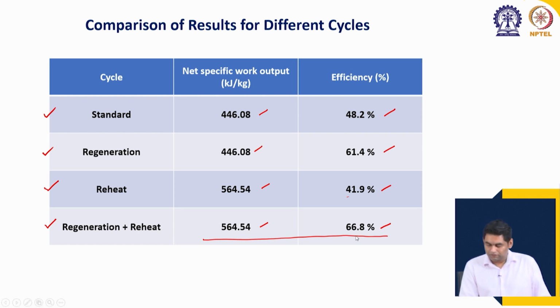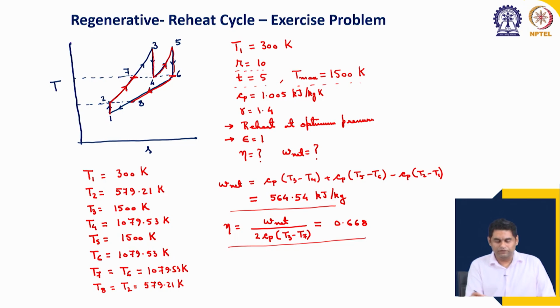Okay. Why is this efficiency highest in this case and why is this behavior different as compared to the simple reheat cycle? Because adding reheat, if you think of it, increases the exhaust temperature, the turbine exhaust temperature. So, we have a larger temperature difference for regeneration.